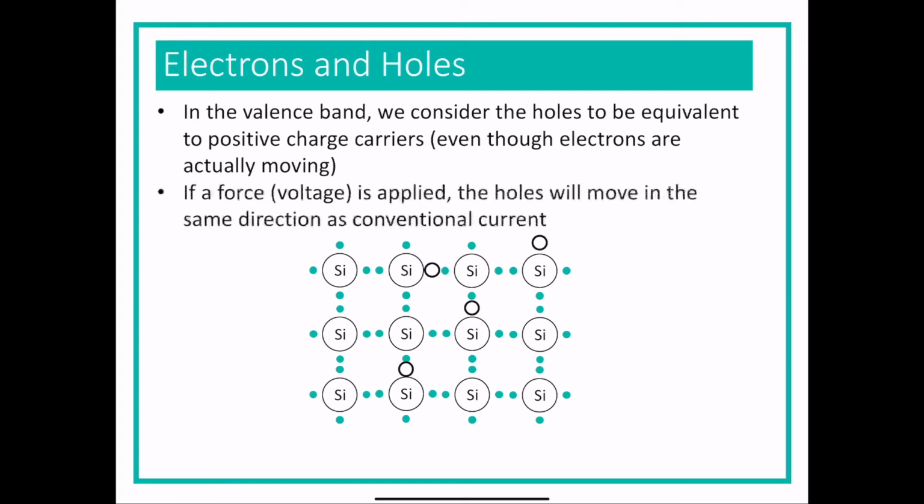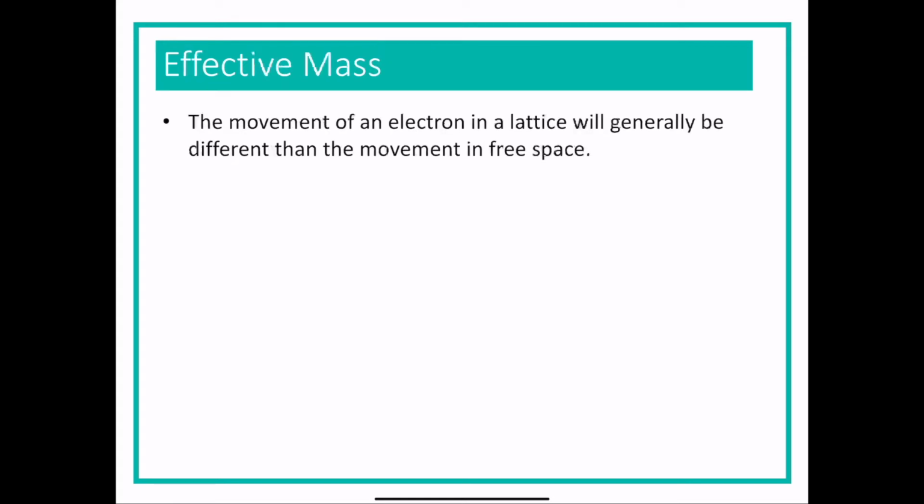Another thing I have to talk about, and this is kind of not unrelated, but it's like jumping to another topic because I have to cover all these topics, so when I talk about stuff, you'll know what I'm talking about. If we have electrons moving in a lattice, whether they're in the valence band or in the conduction band, they're going to be moving differently than they would in free space, obviously, because they've got a structure, they're moving around other electrons, they're moving around other atoms.